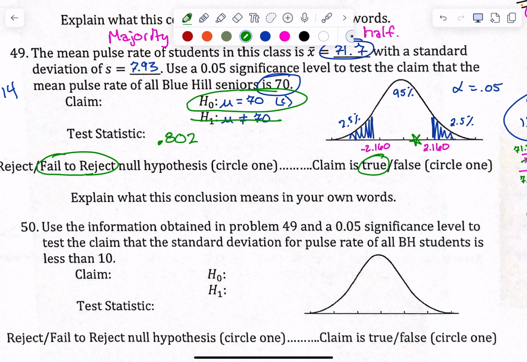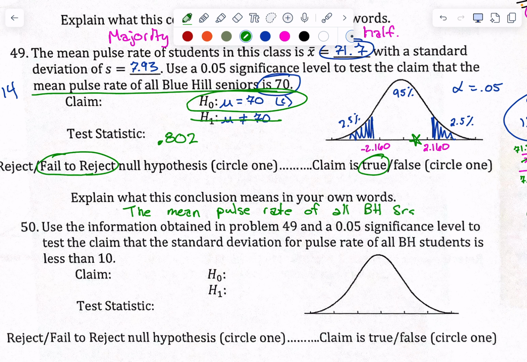Use a 0.05 significance level to test the claim that the mean pulse rate of all Blue Hill seniors is 70. The mean pulse rate of all BH seniors is 70, because it is close enough to 70 to say it is 70.